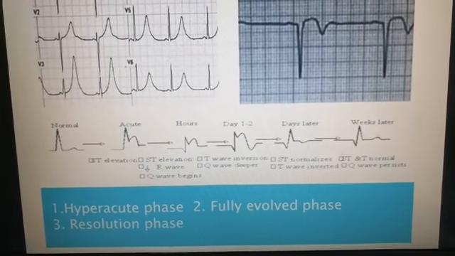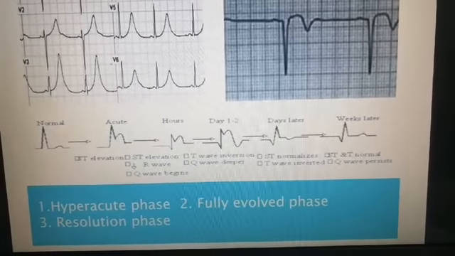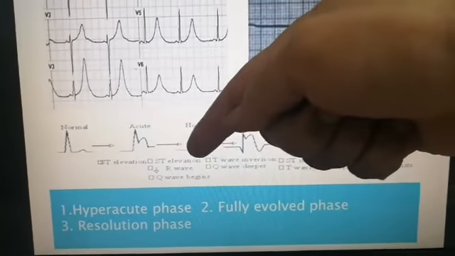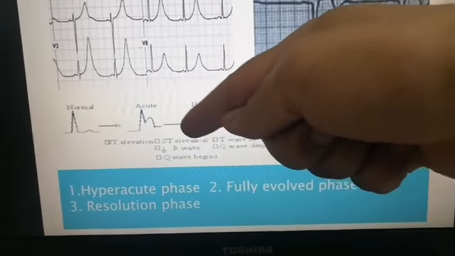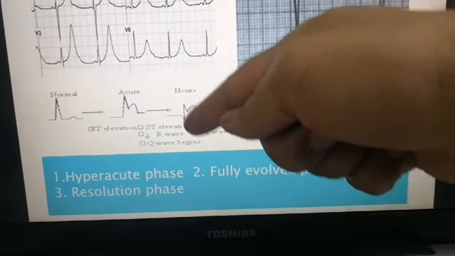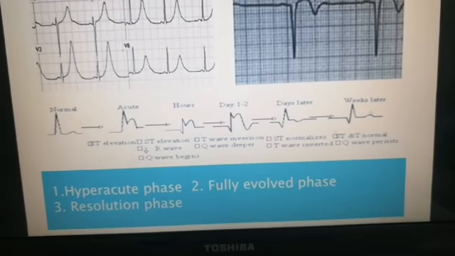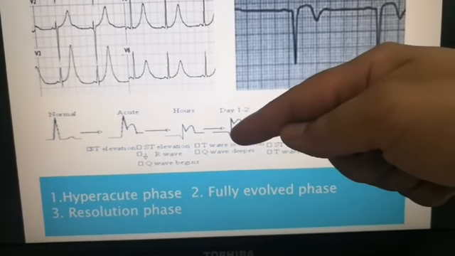And in the third diagram, there is ST elevation, R wave, and the Q wave begins. This notch is the Q wave. In the fourth diagram, the Q wave becomes deeper.